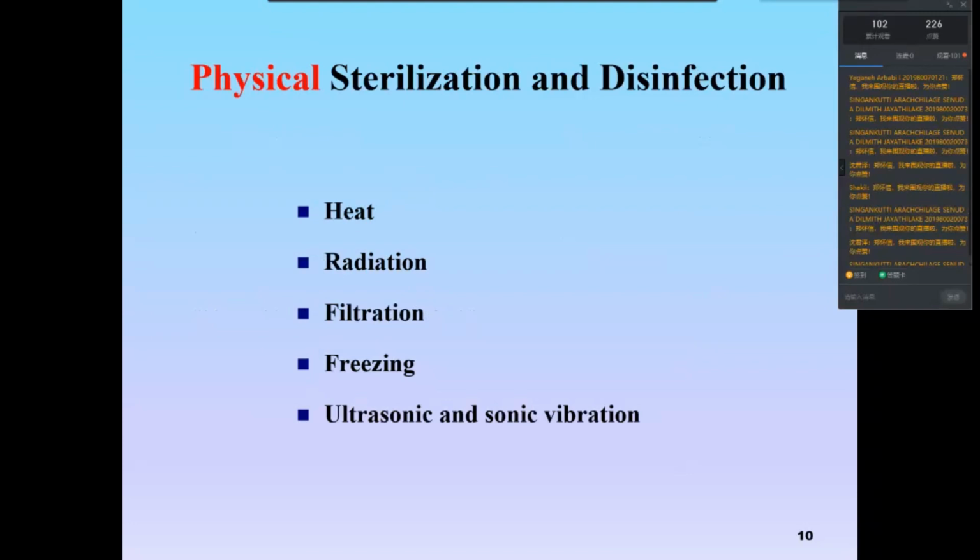We'll talk about radiation. Radiation is that you can use high energy rays. These high energy rays can destroy molecules in microorganisms, and that can kill the microorganisms. Or we can use a physical procedure like a filter or filtration.